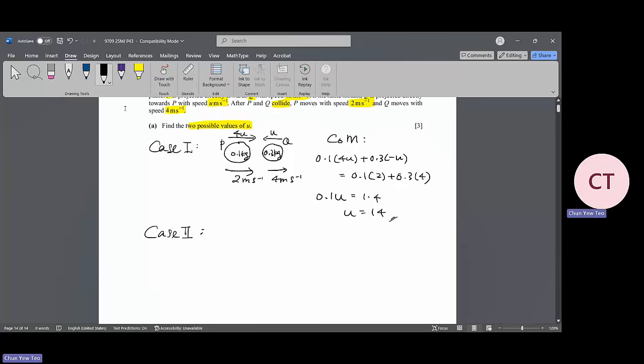In case 2, the situation will be like this. P and Q, before the collision, are moving towards each other.